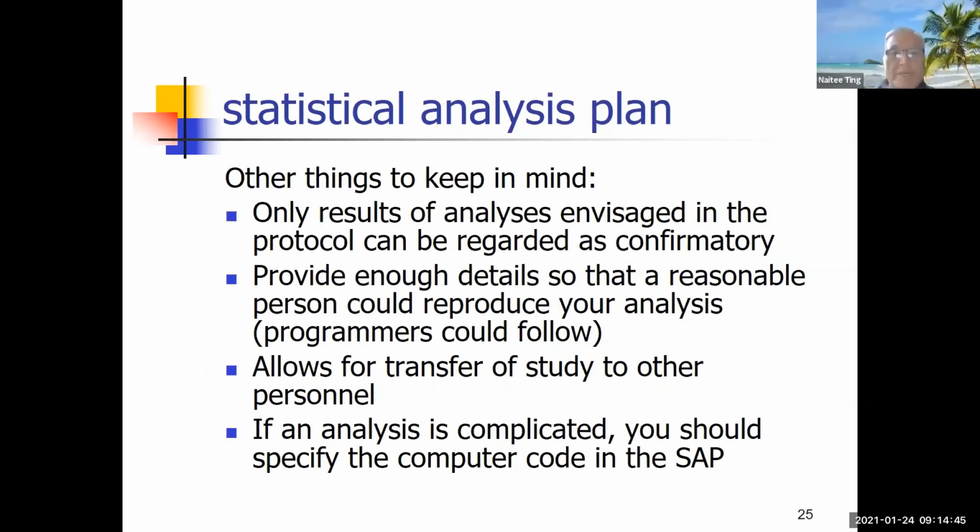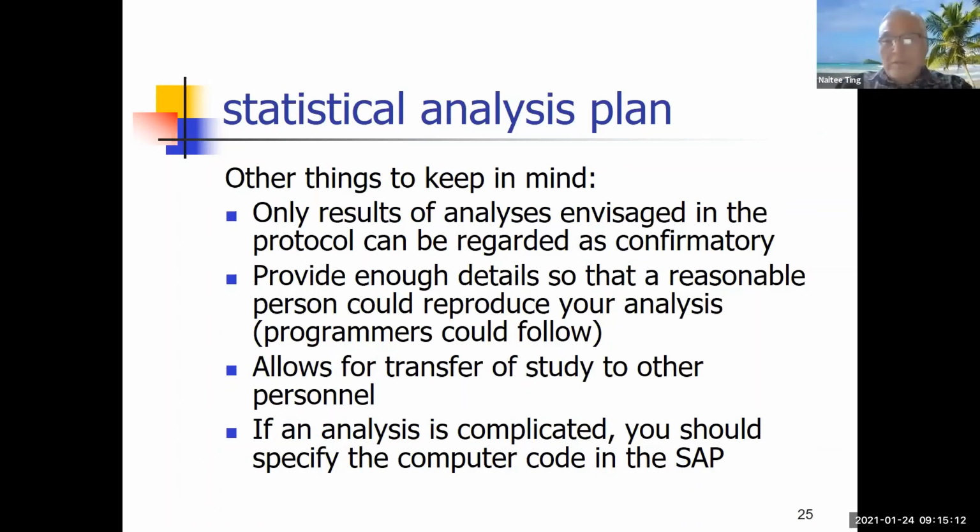Other things to keep in mind: only results of analysis in this stage from the protocol can be regarded as confirmatory. So hypothesis testing, I mean alpha protection, that's key. Provide enough detail so that a reasonable person could reproduce the analysis. It's not only that when I change hands, there are many times in the company when we have another urgent project and I have to work on that.